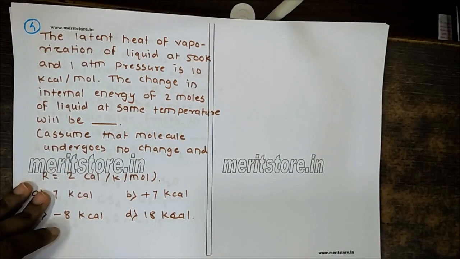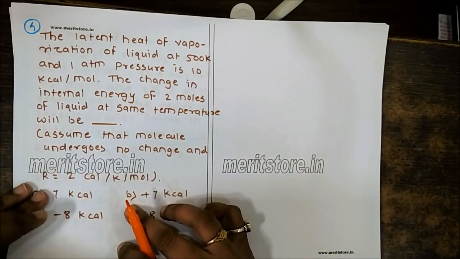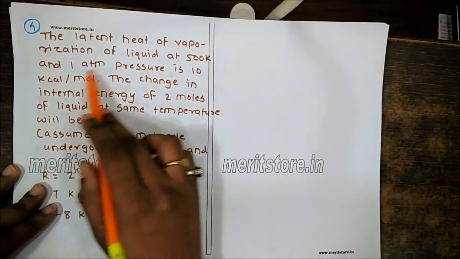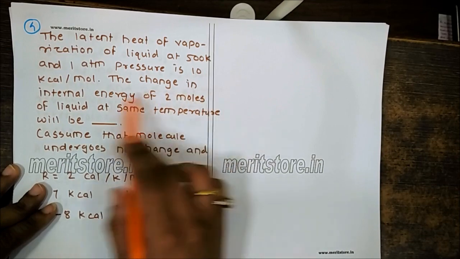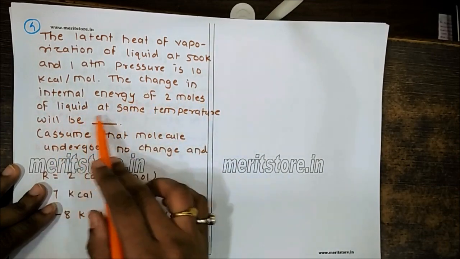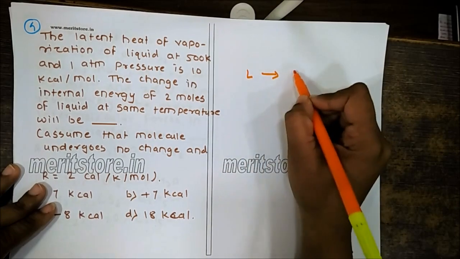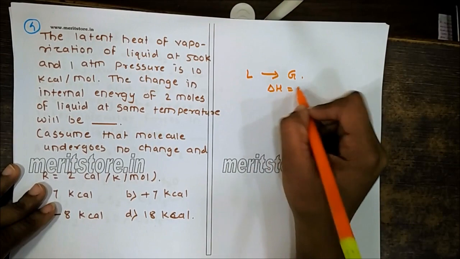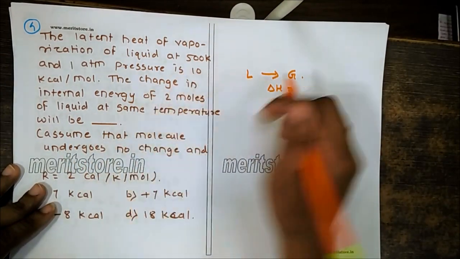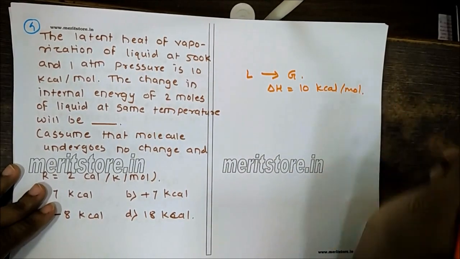Next question is, the latent heat of vaporization of a liquid at 500 Kelvin and 1 atmospheric pressure is 10 kilocalories per mole. The change in internal energy of 2 mole of a liquid that we have to find. Now this is a liquid changing to the gaseous state. For this, the delta H, that is latent heat, they have given, that is 10 kilocalories per mole.